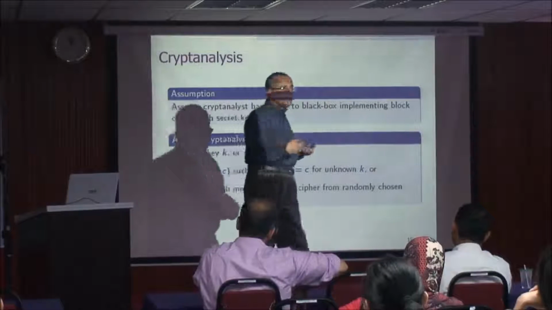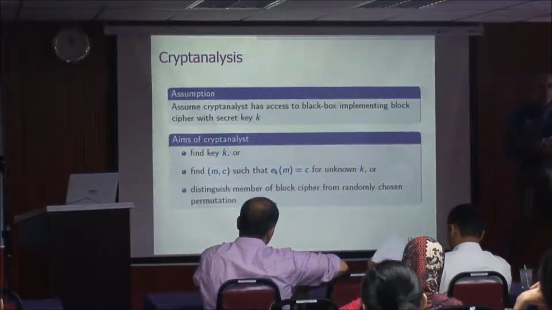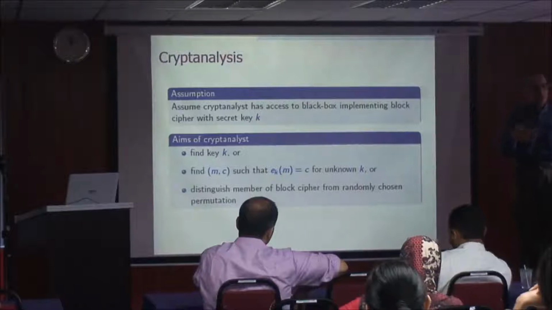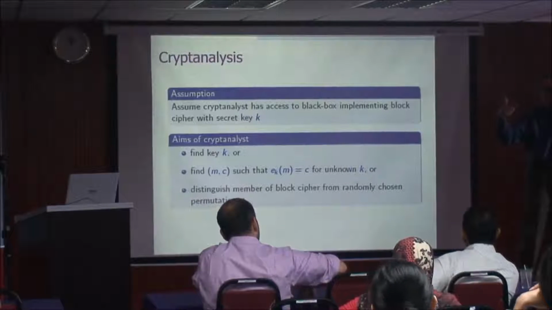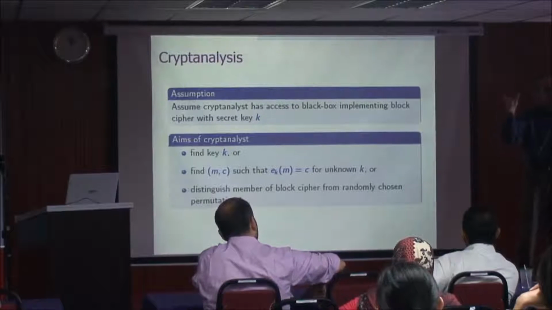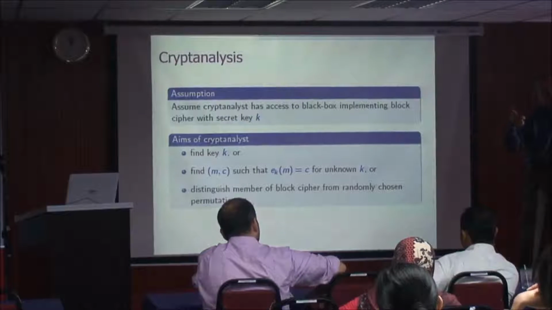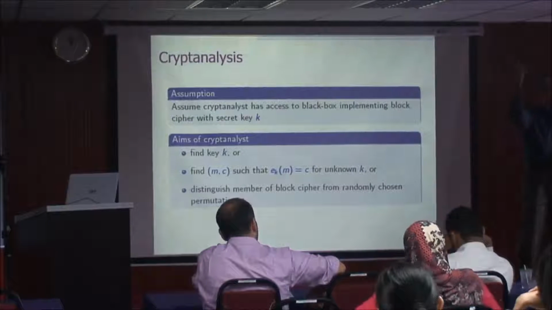Okay, so when we judge the security of a block cipher, it's almost a game, and the rules of the game are very well established. The most naive way of breaking the cipher is to exhaustively go through all the possible keys. So if I have a cipher with 64-bit keys, the exhaustive search would just be as simple as exhaustively searching all the possibilities of the key, 2 to the power 64.